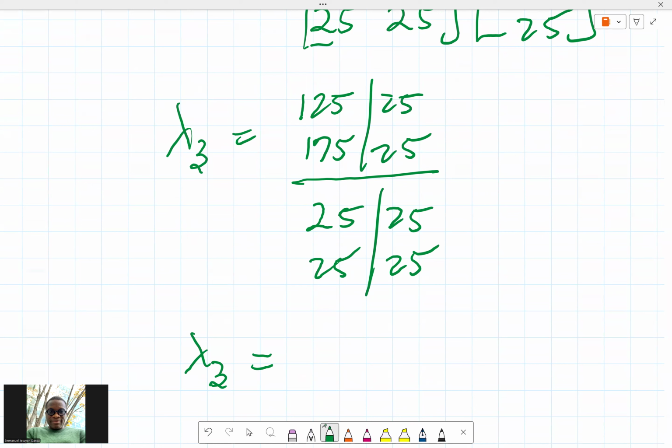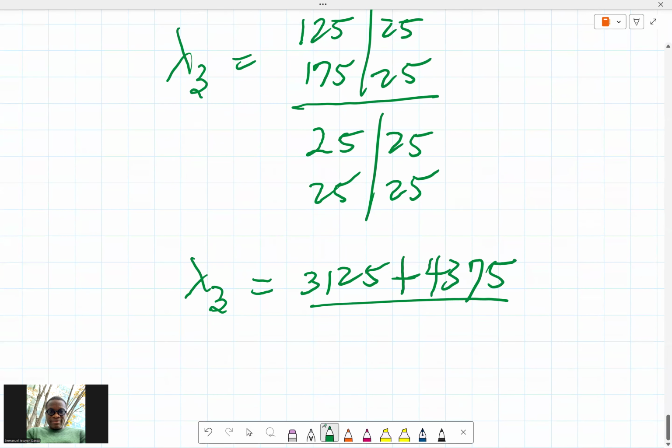So this is now 125 times 25. That's 3125. So we have 3125 plus 175 times 25, that is 4375, all over 25 times 25. That should be 625, I think. 25 times 25 is 625 plus 625.